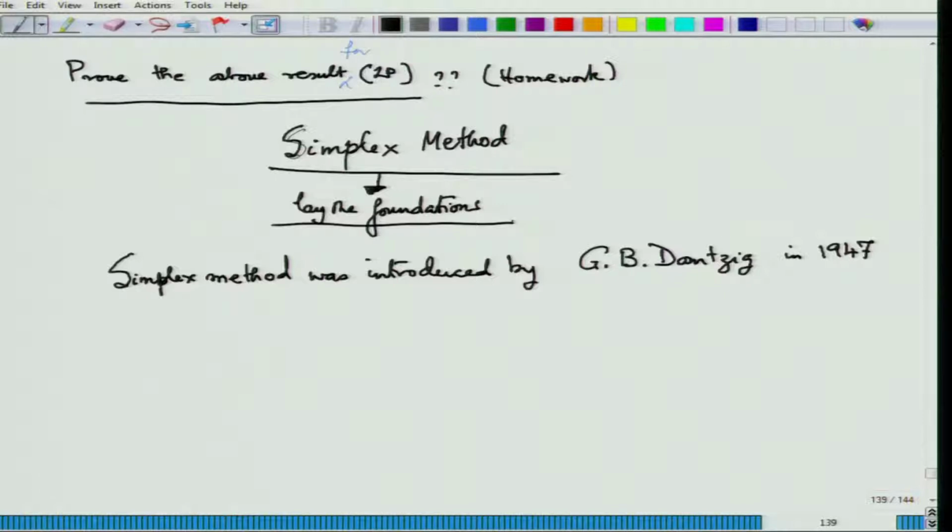In fact, it is good to tell you how the name linear programming came, because once George Dantzig was taking a walk with a very famous economist, T.C. Koopmans, and Koopmans asked him, George, what are you working on right now? He said, I am working on certain problems which have to do with minimizing linear functions subject to linear constraints or affine constraints.